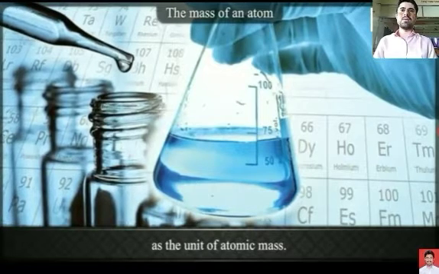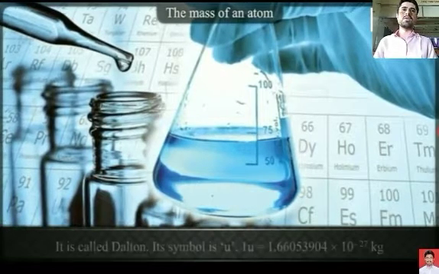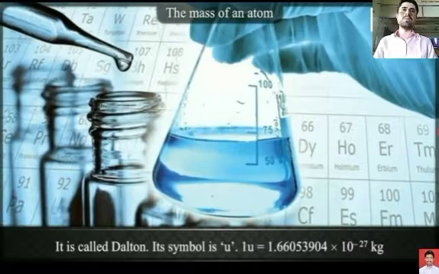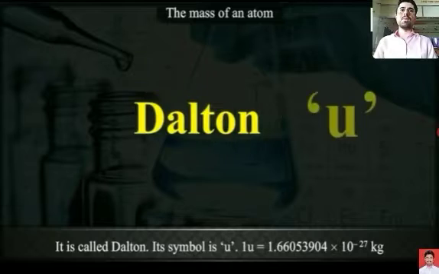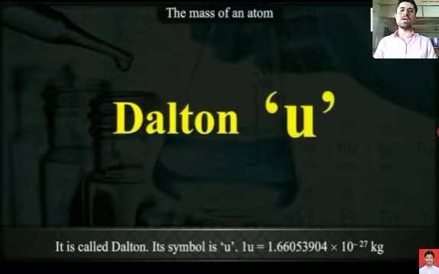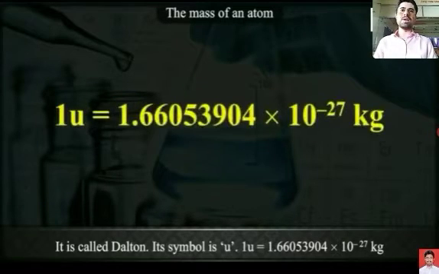In this technique, the unit used to measure the mass of an atom is denoted by small letter u, and it is also called Dalton. The small letter u, which is called Dalton, is approximately equal to 1.66 × 10^-27 kg.